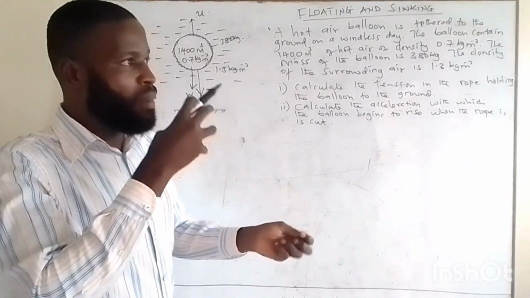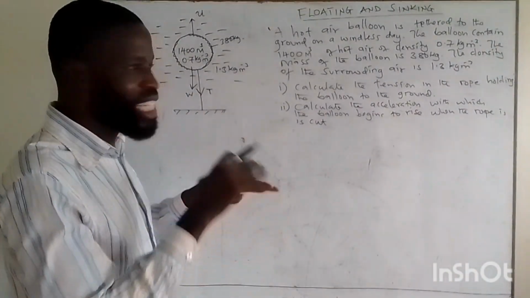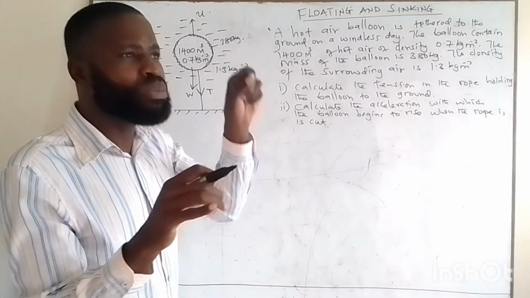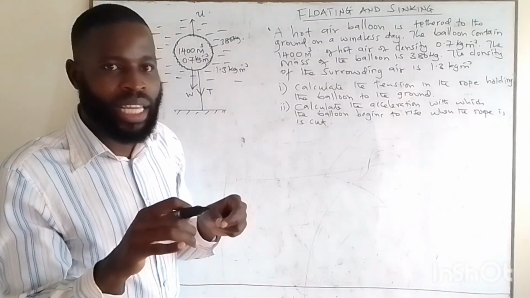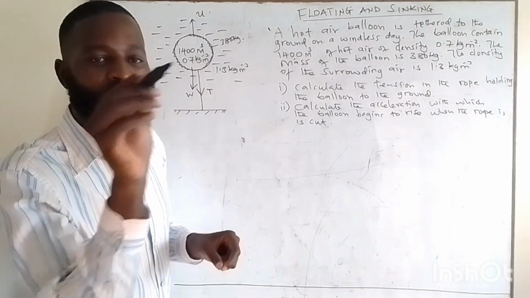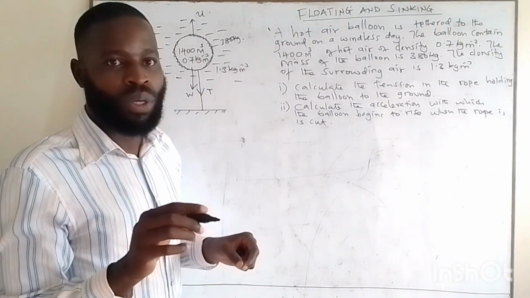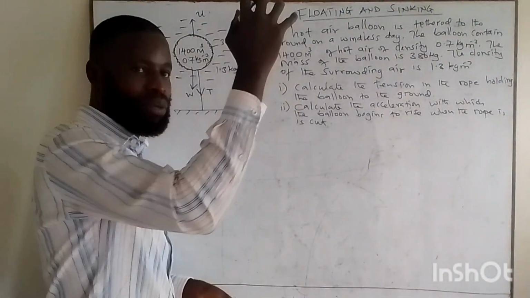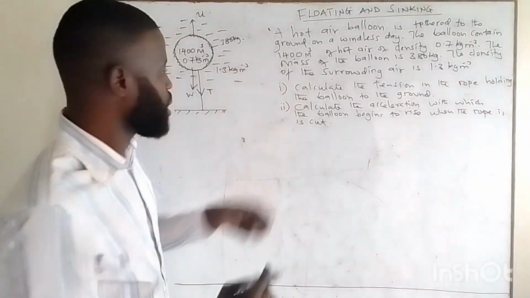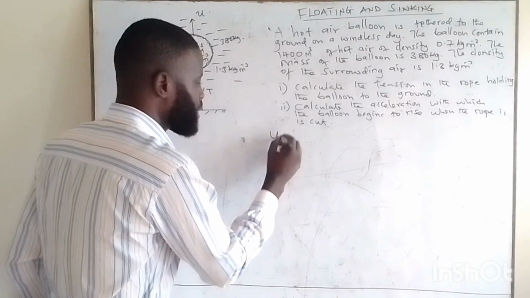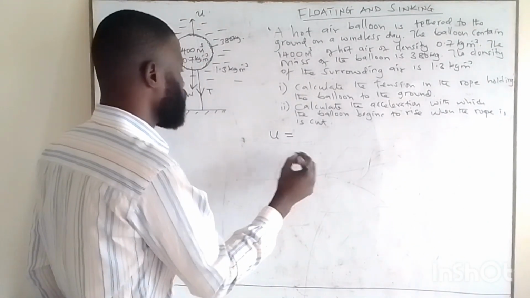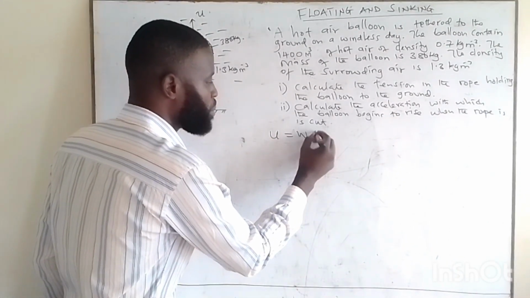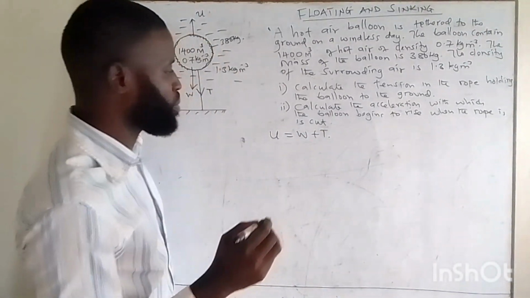Because the system is at equilibrium, meaning the balloon is not moving up or down, it means the resultant force is 0. So when you say the resultant force is 0 here, we mean the upward force balances the downward force. So we say upthrust is equal to weight plus tension.